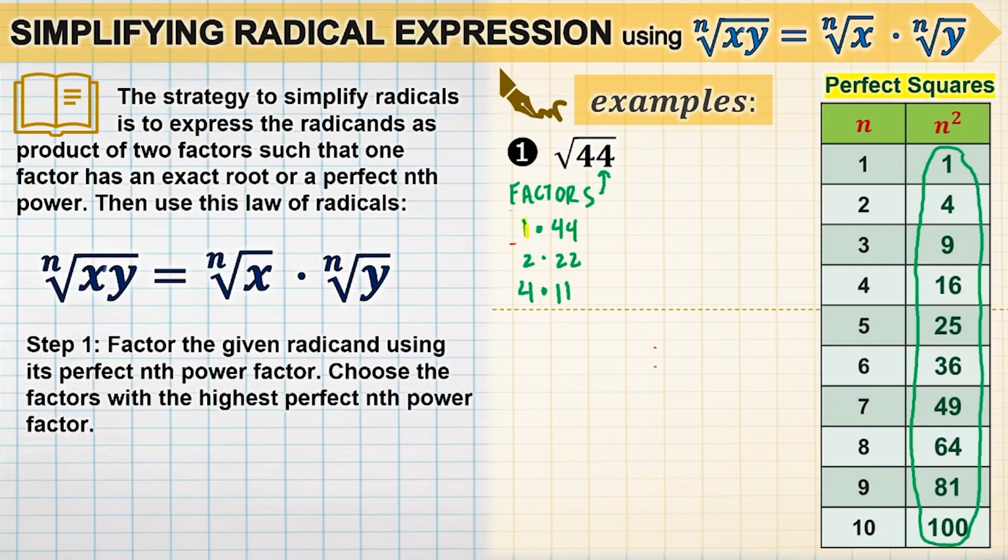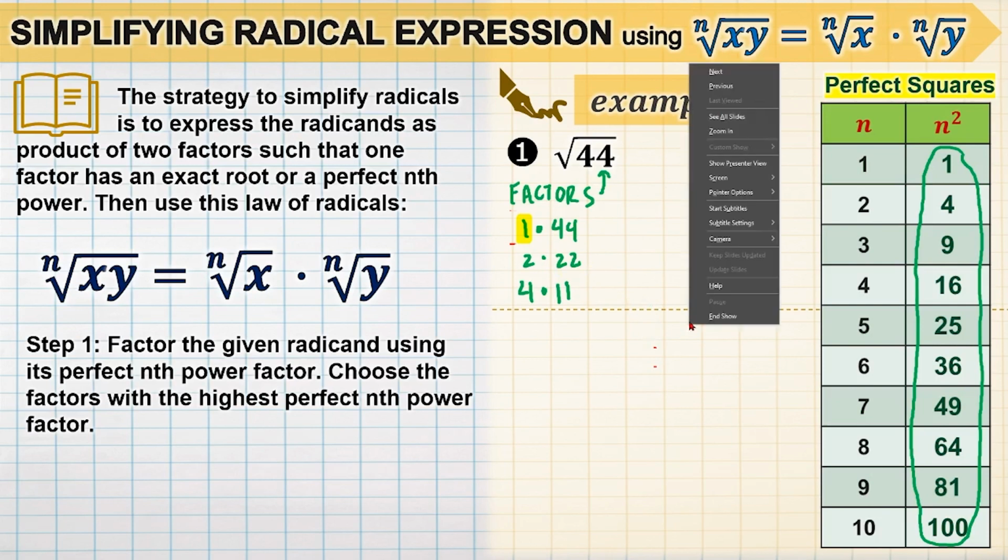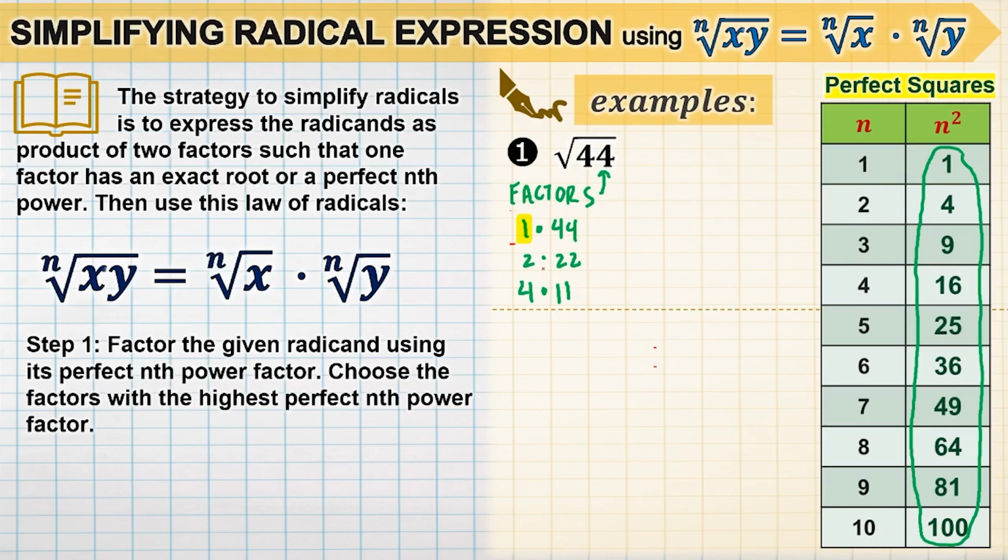Now, we can consider 1 times 44 kasi nga nandyan si 1. Si 1 ay perfect square. Ngayon naman, 2 times 22, hindi natin pwede makonsider yan dahil nga between 2 and 22, wala naman sa kanilang perfect square. Then, we can also consider 4 times 11. Kasi nga, ayan o, si 4 ay perfect square. So, 1 and 4 are both perfect squares. So, we can consider, ayan, these two given factors.